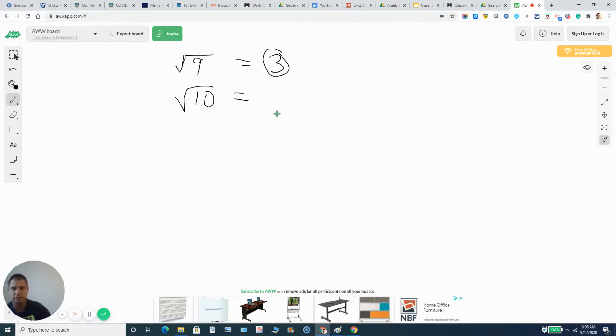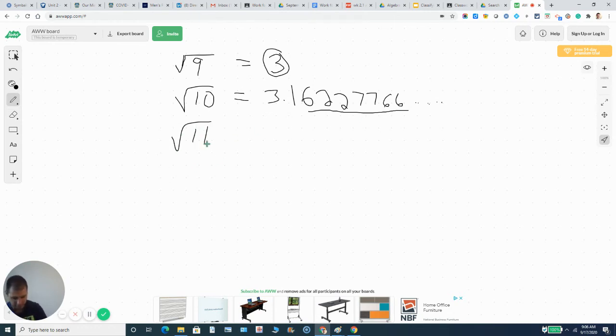If you type this in your calculator, it says 3.16227766 and it stops. But what that means is that it goes on forever because your calculator runs out of space. Even though it might look like there's something repeating, there's no repeating pattern in it. That's irrational.